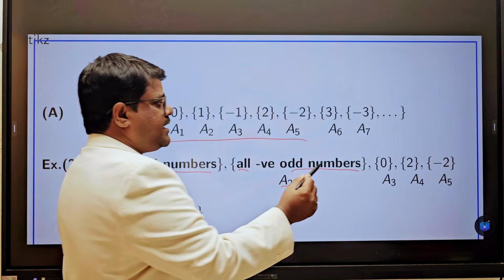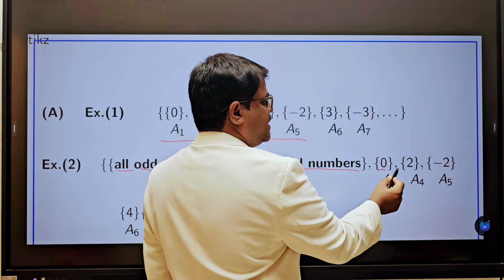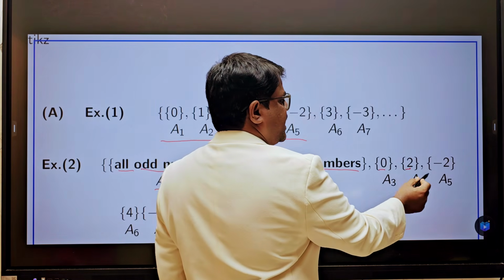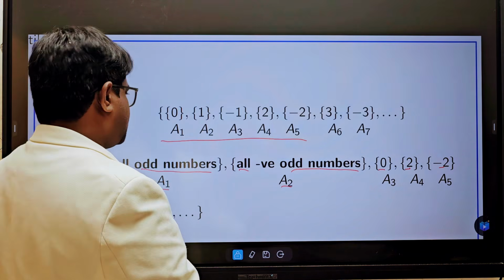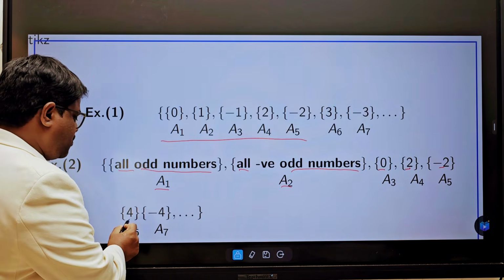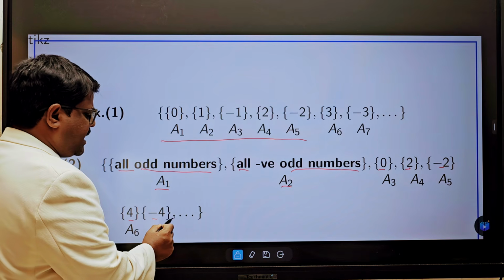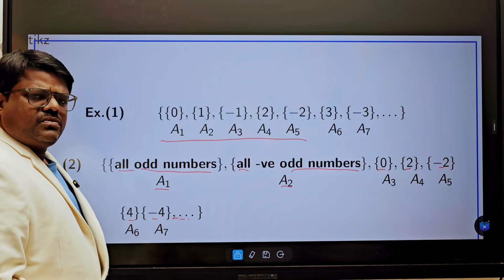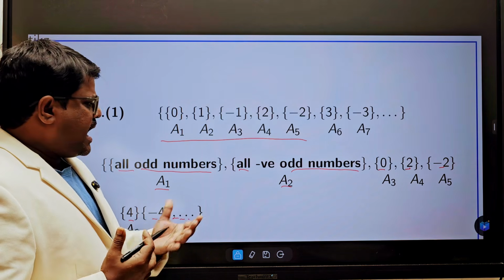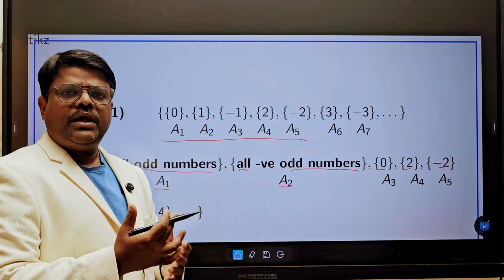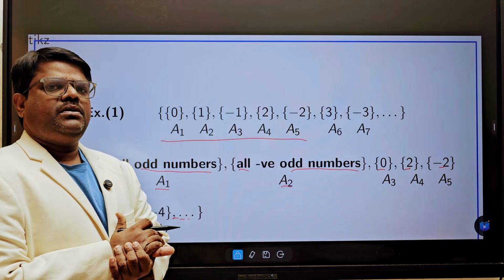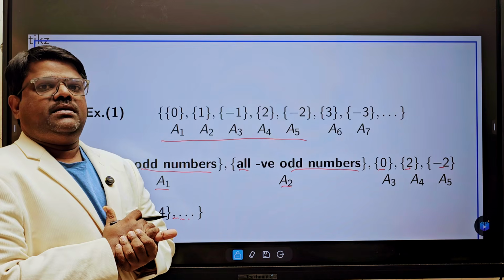After that I will take 0. This is finite. A4 is 2, A5 is minus 2, and so on, and A6 is 4, A7 is minus 4, and I can take some numbers. If I take all this collection and take the union, I can form Z. Of course I can form Z.